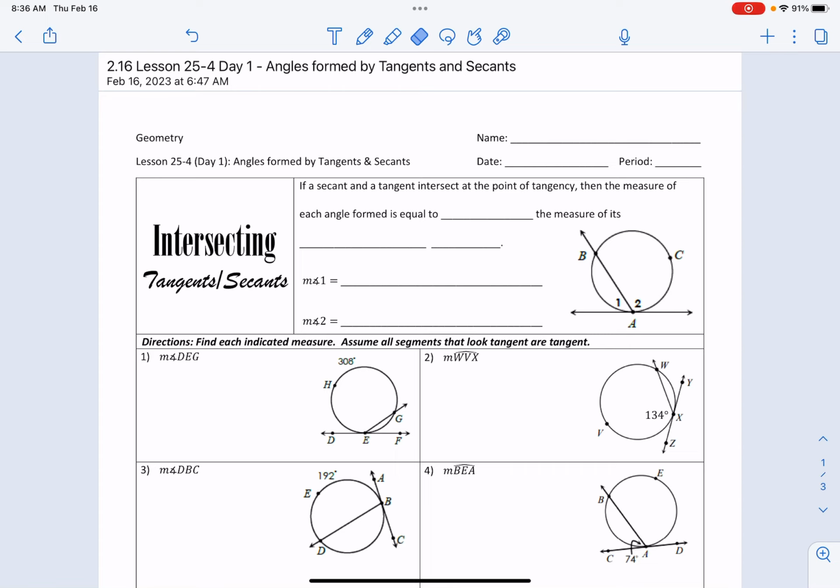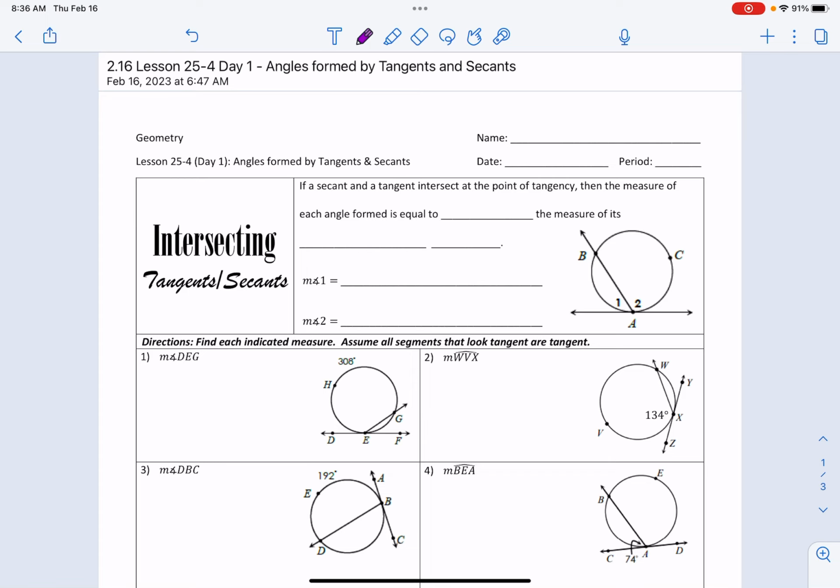Okay, so the warm-up has already been gone through on the board, so let's start on the notes. The first thing is, when we're looking at these intersecting tangent and secant lines, we're mostly going to focus on tangents today, and then tomorrow we're going to focus on secants. So let's talk about what that means in terms of having a tangent line that intersects an arc.